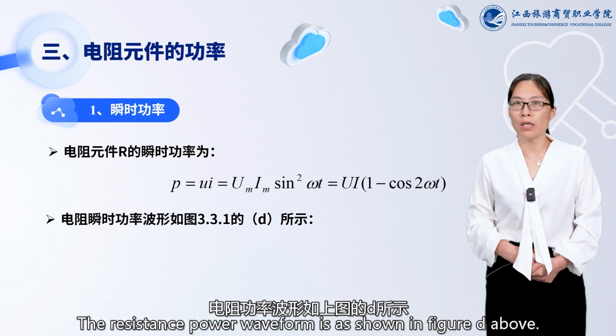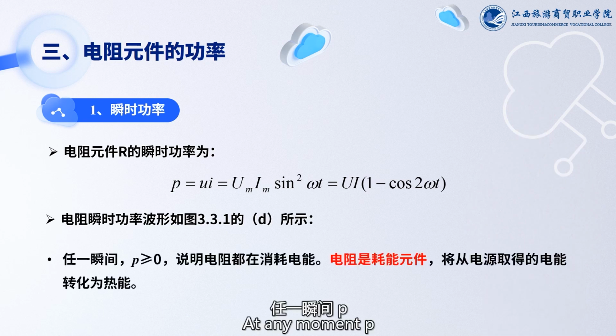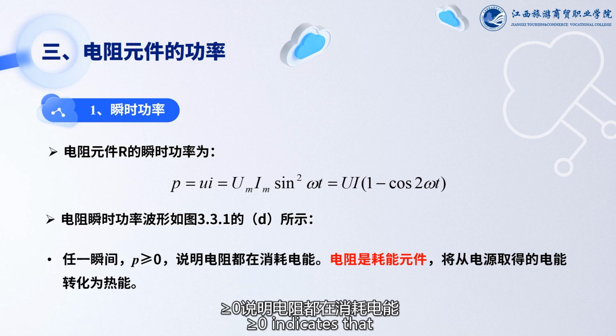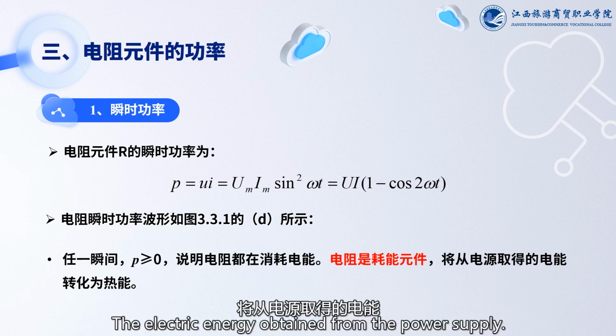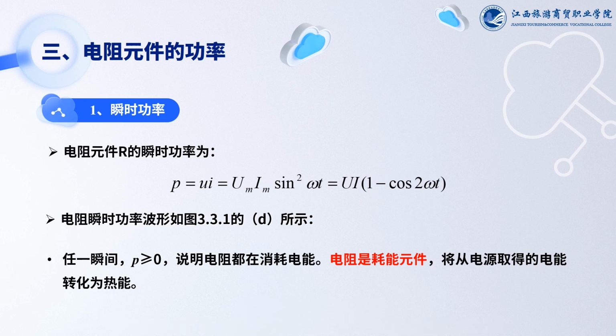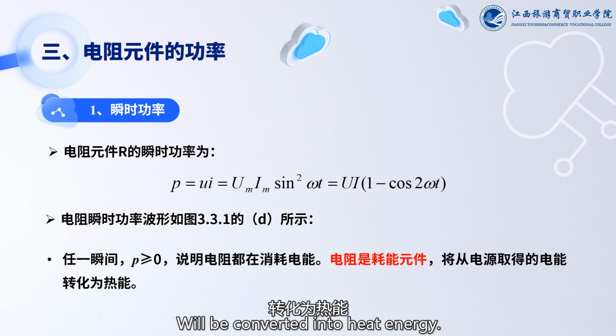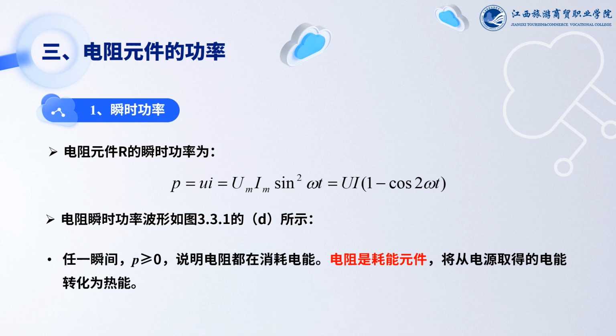The resistance power waveform is as shown in figure D above. At any moment p is greater than or equal to 0, which indicates that the resistor is consuming electric energy. Resistance is an energy-consuming element. The electric energy obtained from the power supply will be converted into heat energy.